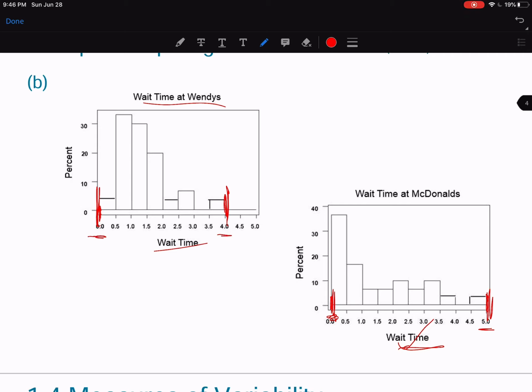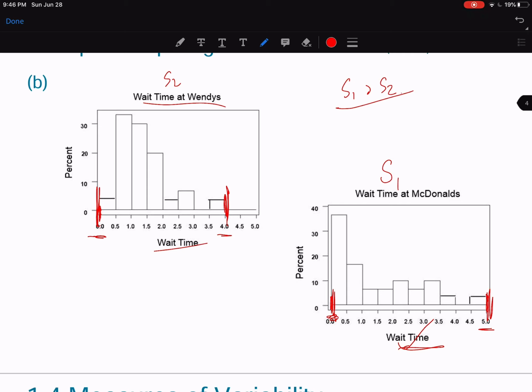And we know the standard deviation of McDonald's, let's say this is S1, and the standard deviation for Wendy's is S2, since S1 is greater than S2. So the larger dispersion results in the larger standard deviation.